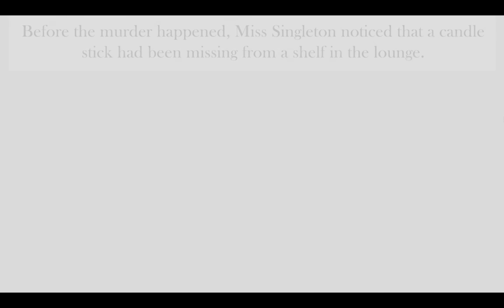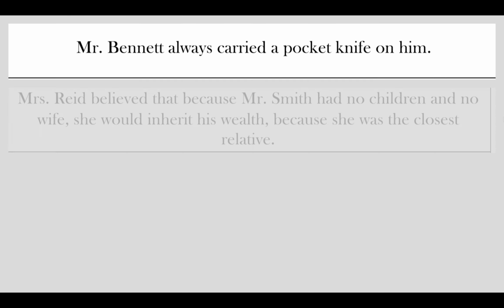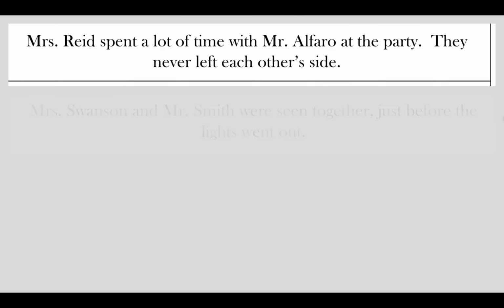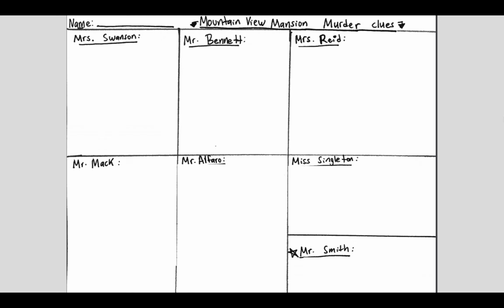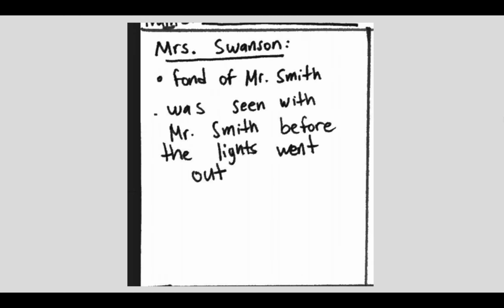You're going to now go at your own pace. You're going to pause, and let's look at our notes. Let's take notes. Your notes look like this. They're blank. And I will be going through one suspect, one character at a time. I'll read the notes. They are written in my handwriting.